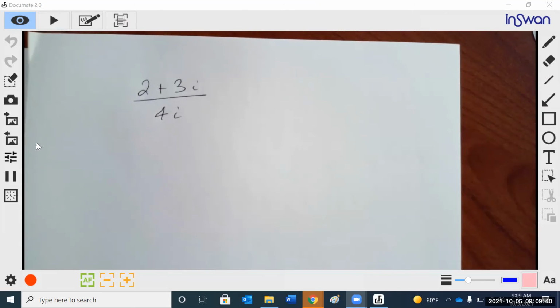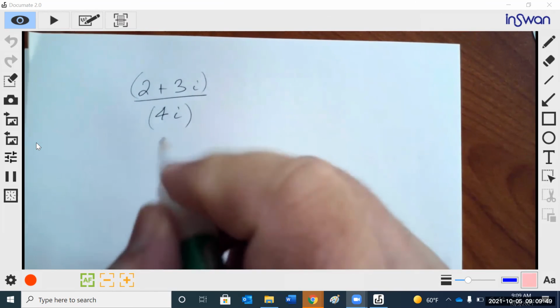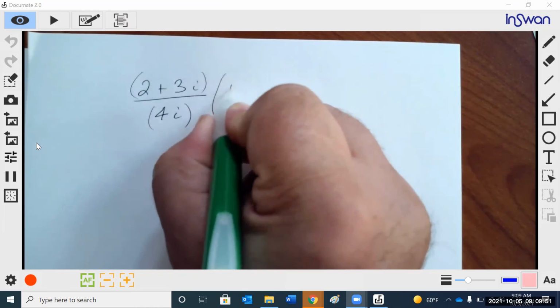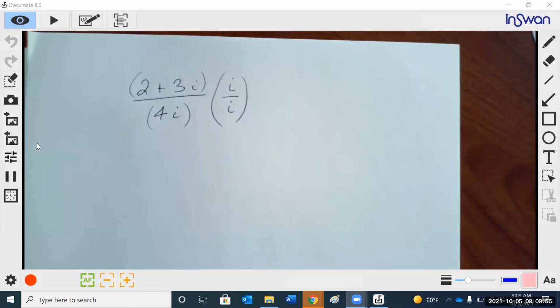Is there an i on the bottom? Yes. So if there's an i on the bottom, what do we do? Multiply top and bottom by i, because it's a monomial.